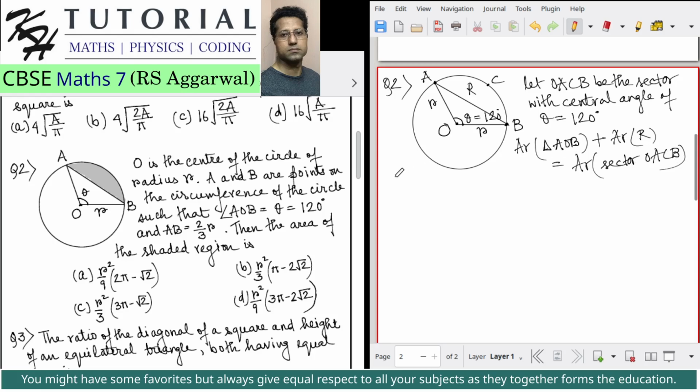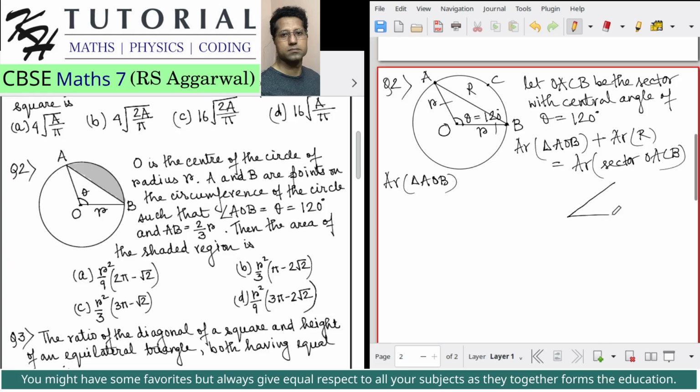Let's quickly find the area of triangle AOB. We know that the triangle AOB is an isosceles triangle because AO is equal to OB, and we also know the length of AB is the base.